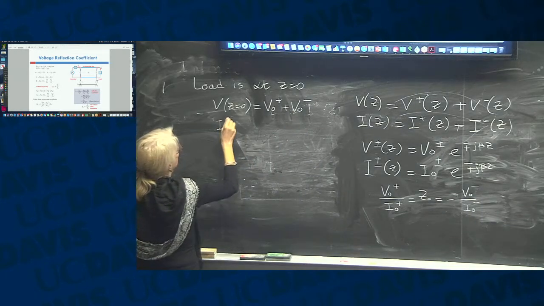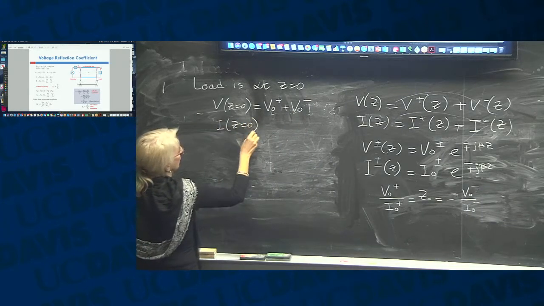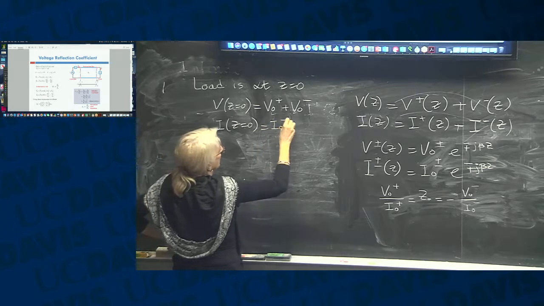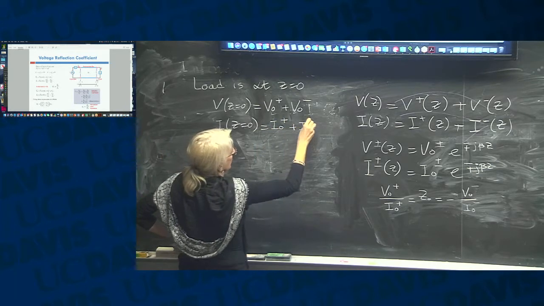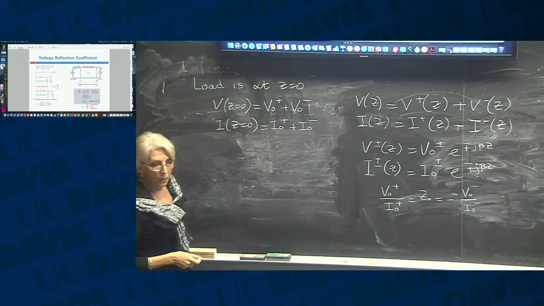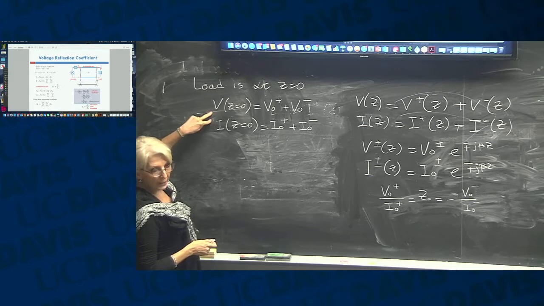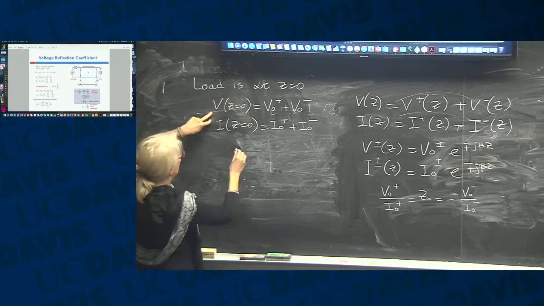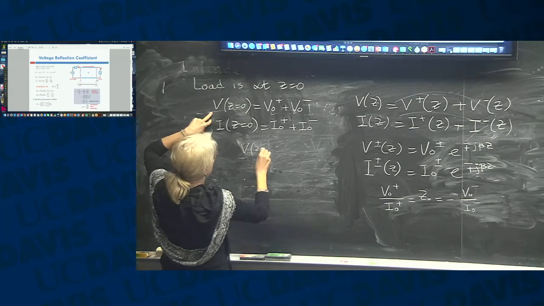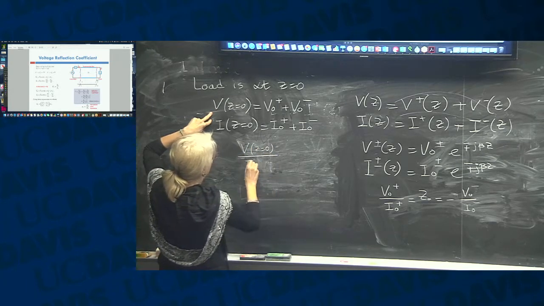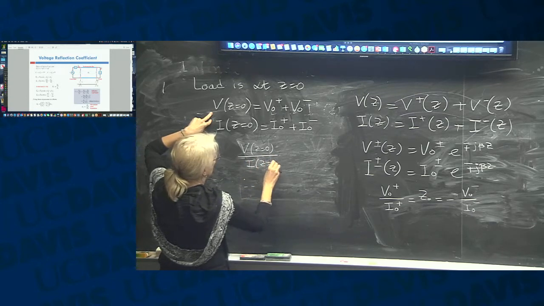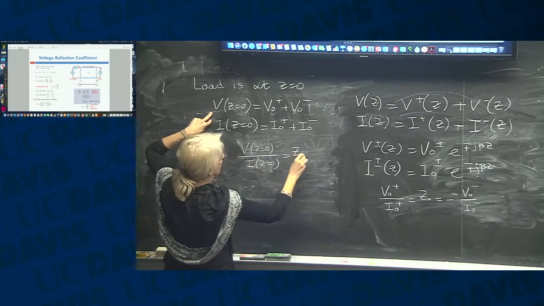That I at z equals 0 will be I naught plus I naught minus. And what else do I know at z equals 0? The ratio of the two is what? Exactly. So V at z equals 0 divided by I at z equals 0 is ZL.